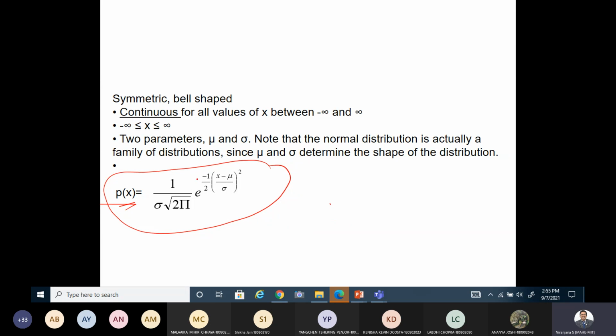In that case, its relationship is 1 over sigma times the square root of 2 pi, and exponential of minus half of (X minus mu over sigma) whole squared. All of you are aware of these parameters, right? X is the variable here. It can be a feature, a continuous feature or continuous variable.